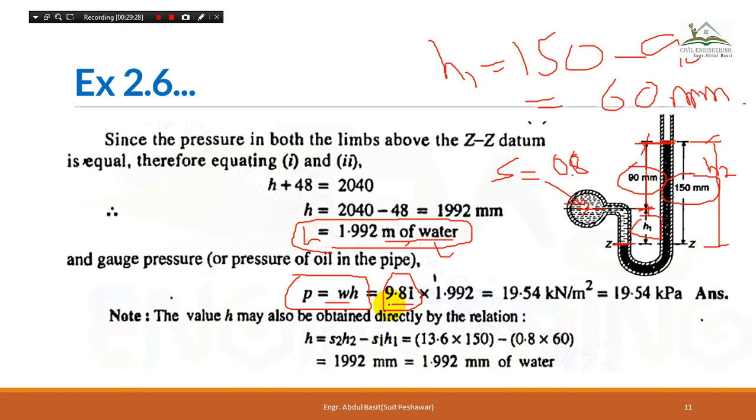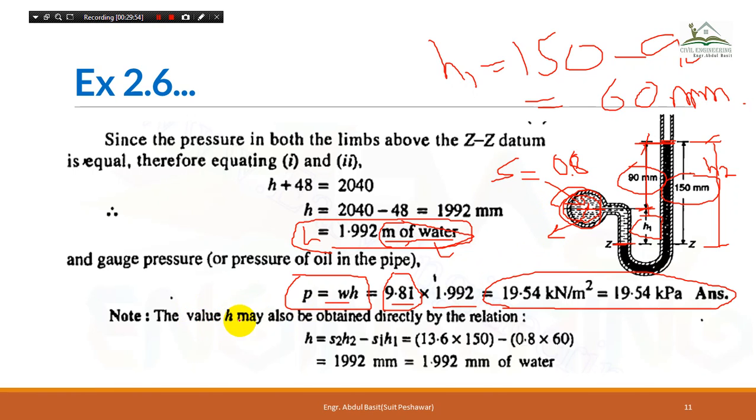In this pipe we are having oil, but still we are using water over here. Why? Because the head is determined in meters of water. So this is 9.81, and this is the head for you, and here it will be in kilopascals, the pressure of the fluid in this pipe.